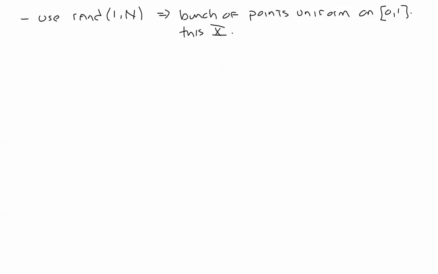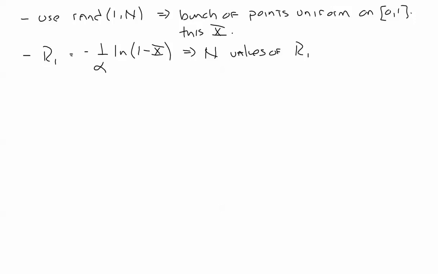I'm then going to use my transformation function to calculate a bunch of points for resistance: R1 equals minus 1 over alpha, natural log of 1 minus x. These are values of resistor R1.